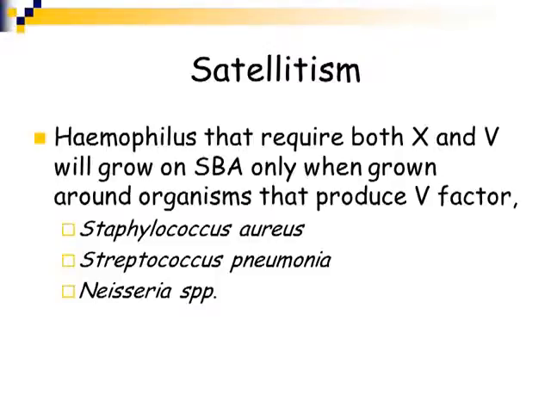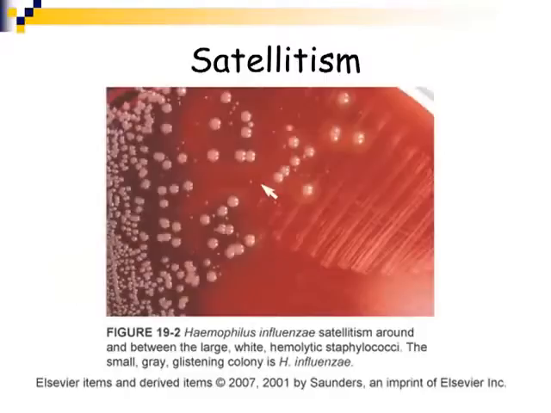However, if you have an organism growing on sheep blood agar that produces V factor, and these organisms are Staphylococcus aureus, Streptococcus pneumoniae, or Neisseria species, you can get Haemophilus influenzae growing as satellite colonies, little tiny colonies satelliting around these V factor producing organisms.